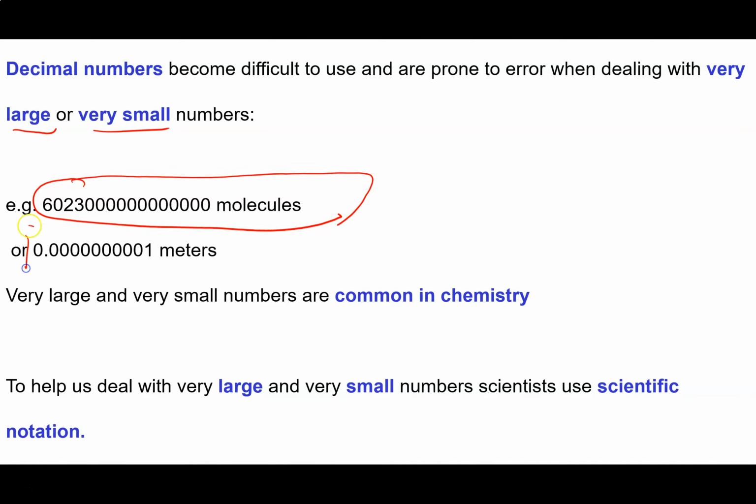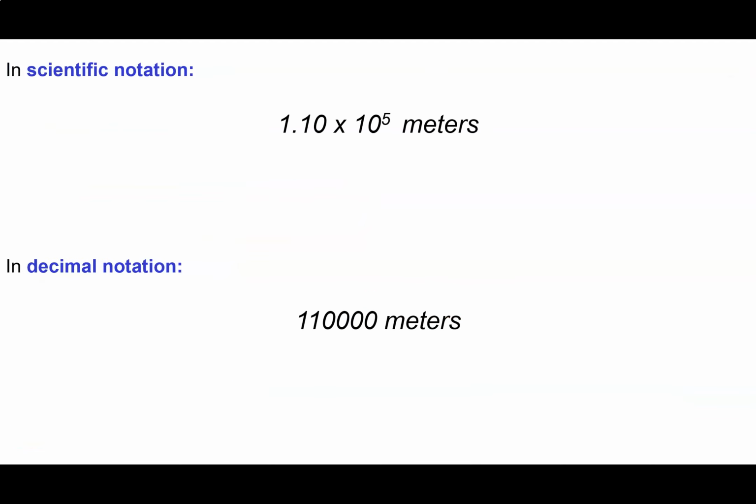Or if we're looking at the size of something like an atom, that will be a decimal point and then 9 or 10 zeros and a 1. These very large and very small numbers are really common in chemistry, so we're going to use scientific notation to help us write and read these in a manner that is easy and also less prone to errors.